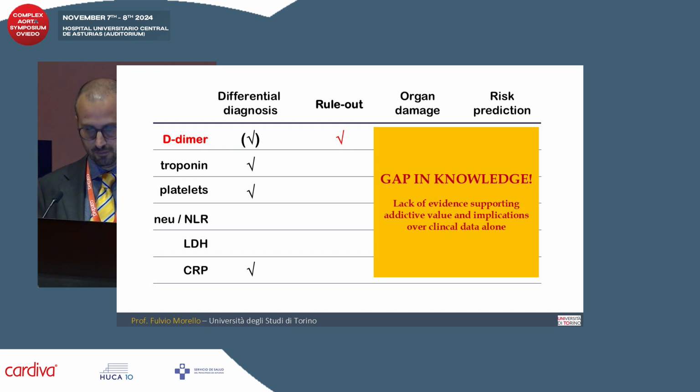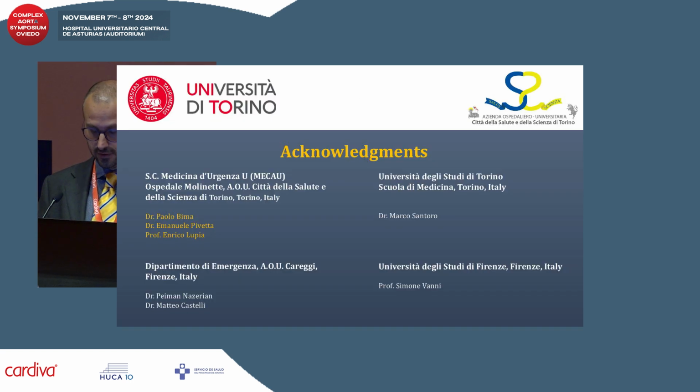What are we going to do in patients with high biomarkers at higher risk? Is this going to change the way you treat them? So we still lack evidence supporting the additive value and implications of these markers beyond clinical data alone, and we need better studies to find and mind this gap. Thanks very much.